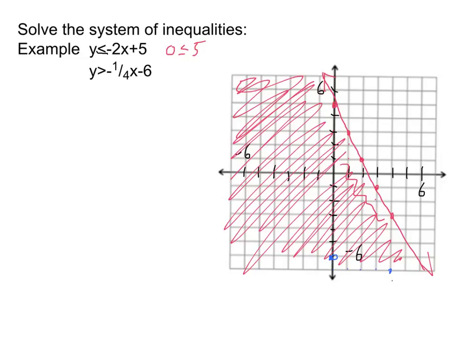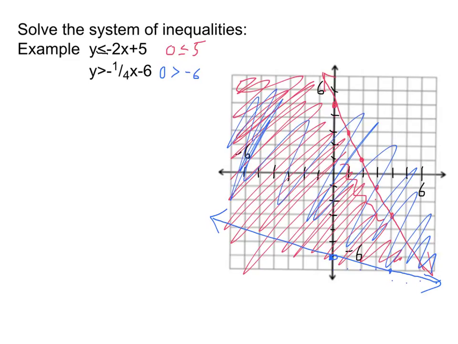Go down 1, over 4. So this line is going to look like that. Again, test 0, 0: is 0 greater than -6? 0 is greater than -6, so I need to shade above the line towards 0, 0 again. So that's everything above.